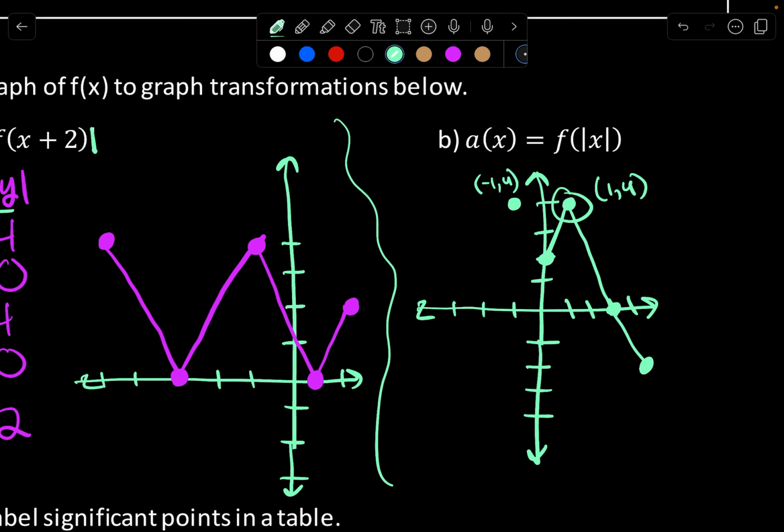So we're stealing the output from the positive 1. And then over here, we have an x-intercept at 3. Therefore, we'll have an x-intercept at negative 3. And then over here, this point was, I believe, 4, negative 2. Therefore, at negative 4, we'll have negative 2 as well. So all of that is reflected.